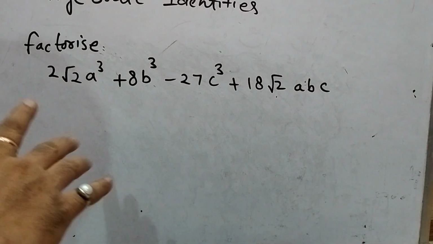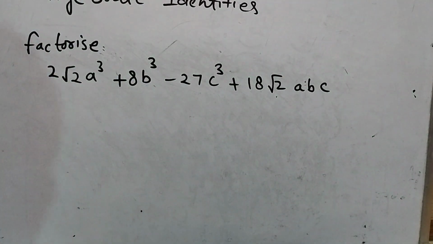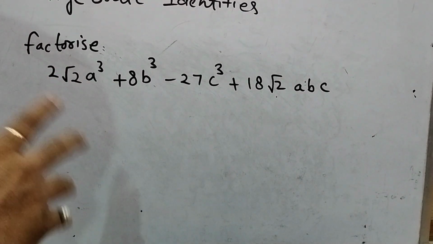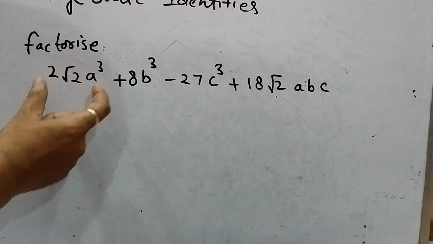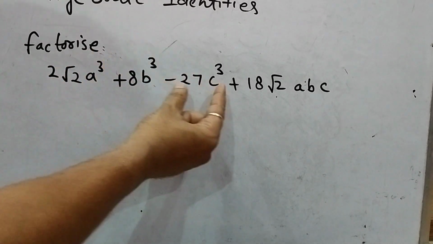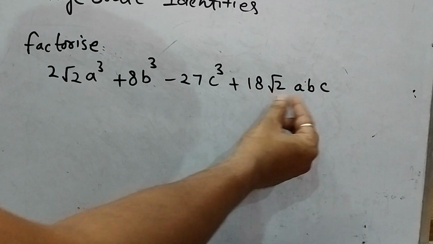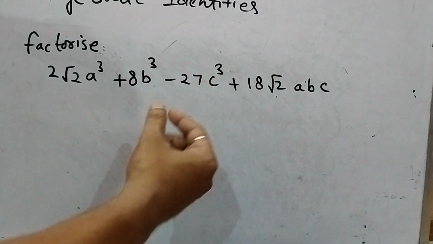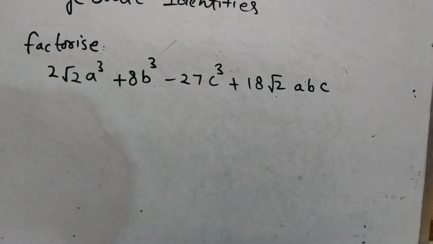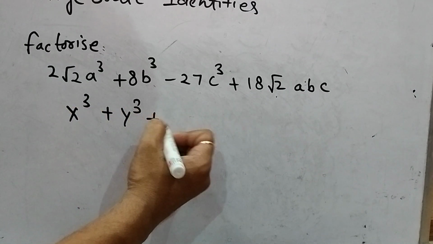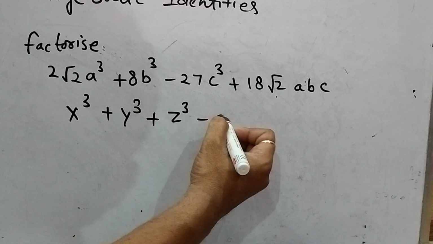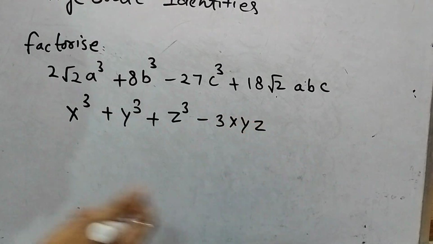So I have the question, and I can identify this question by using our algebraic identities. So we have a cube plus b cube plus c cube and abc. We can convert this algebraic expression into the identity like x cube plus y cube plus z cube minus 3xyz.